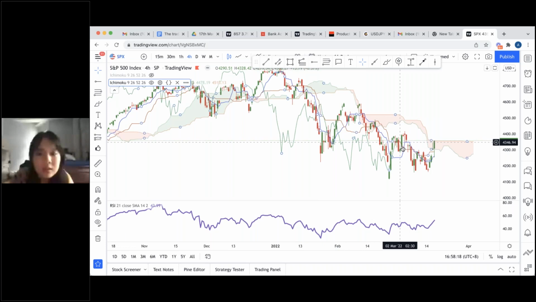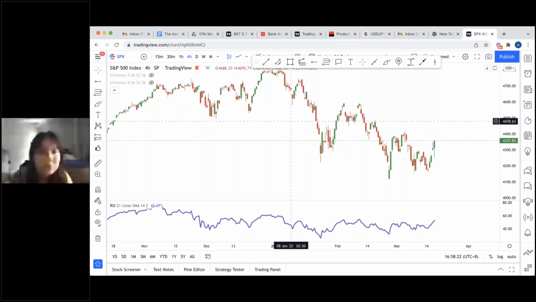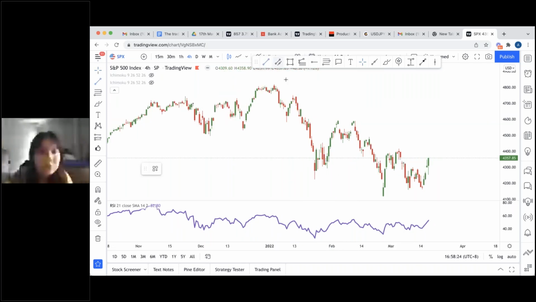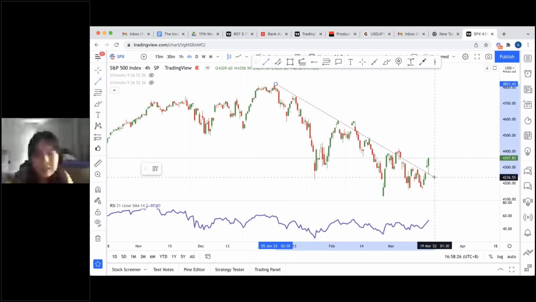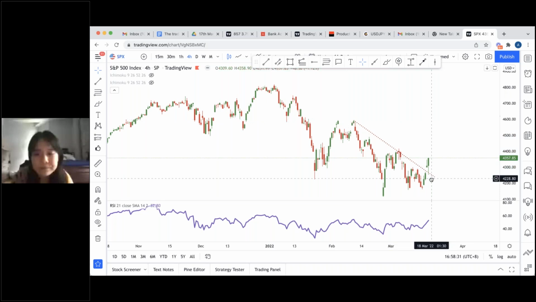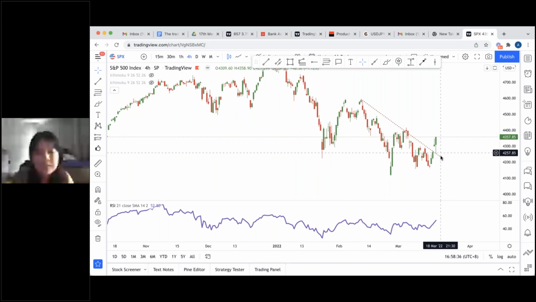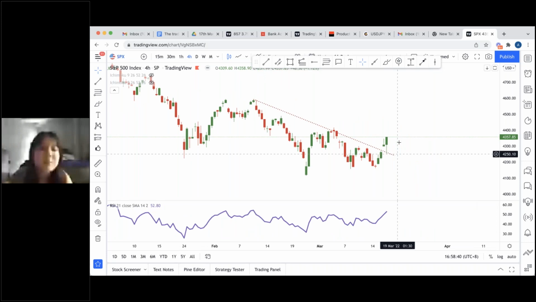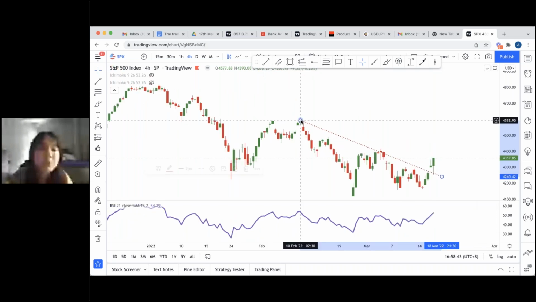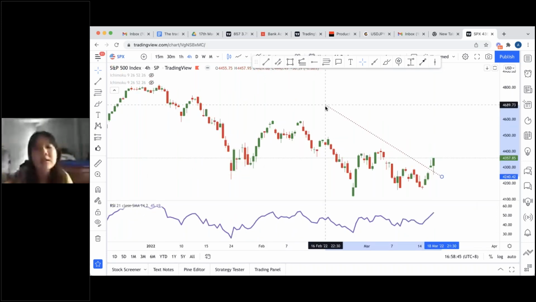Okay, and then we can see that price has broken out of the descending trend line, right? And it's actually on bullish momentum. So guys, from a fundamentals perspective, we are relatively more bullish on tech stocks because recently the talks are more mild.